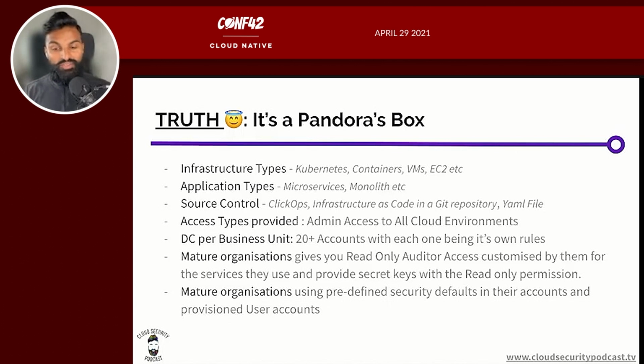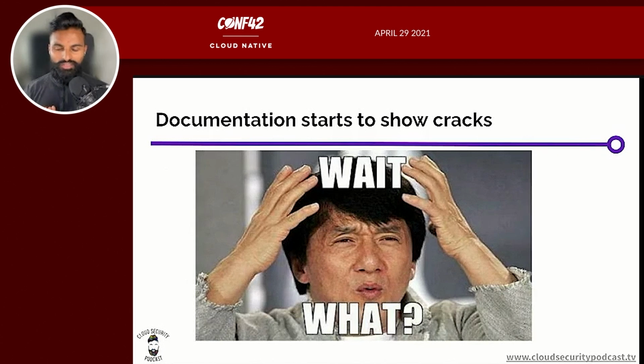So that's some of the realities that you find in an organization which has just, well, I guess, found their way to maturity. You can already see documentation is starting to show some cracks. We definitely don't have the AWS Well-Architected Framework or Azure or even Google Cloud's Well-Architected Framework being used.